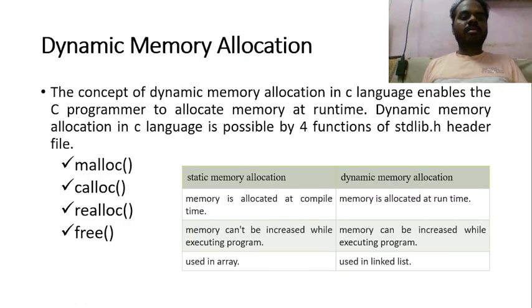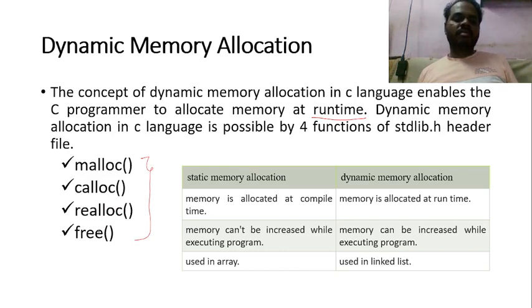The main concept behind dynamic memory allocation is that if you want to allocate memory at runtime, we should use dynamic memory allocation. To achieve this, we have four functions: malloc, calloc, realloc and free.